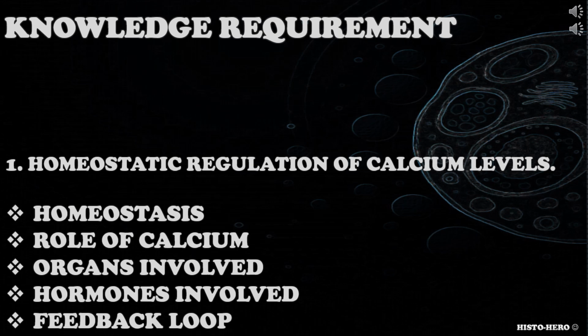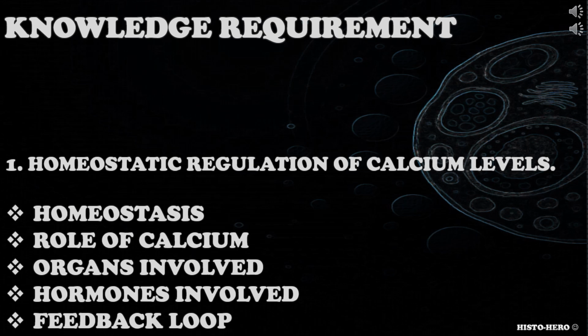The first knowledge requirement is homeostatic regulation of calcium levels. Candidate needs to have the knowledge and understanding about the homeostatic regulation of calcium level. You could ask the candidate what homeostatic regulation of calcium levels is, why is calcium regulation important, and which are the key hormones involved in calcium regulation.